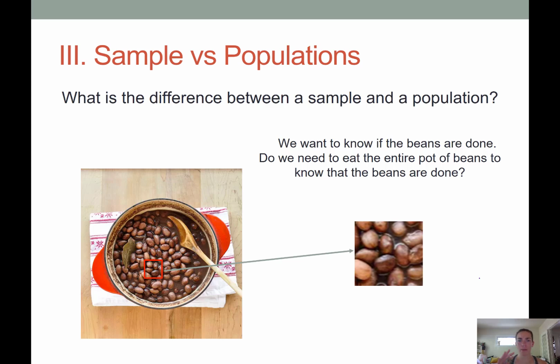Some from the top of the pot, some from the middle, maybe some from down the bottom of the pot close to the burner. After you stirred it all up, you make sure you're getting a good, equal representation from all parts of the pot. And if all those beans are done, then we can assume with some degree of certainty, or confidence anyway, that the entire pot of beans is probably about done.